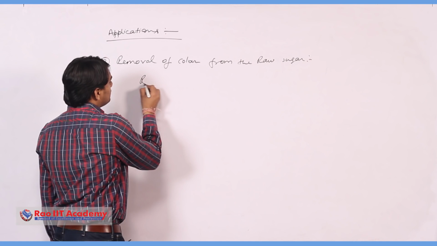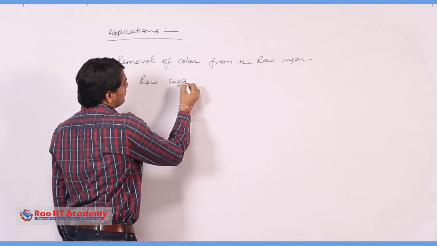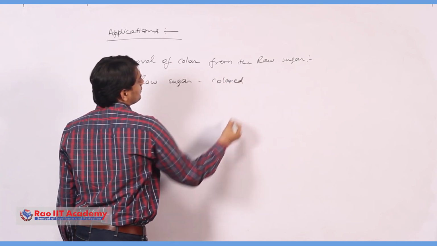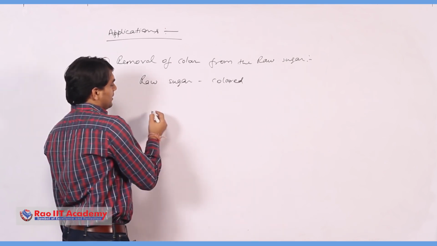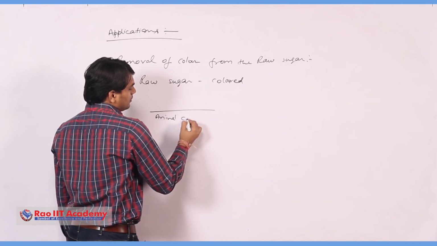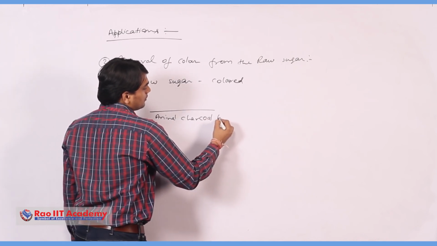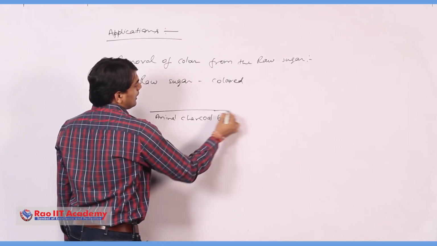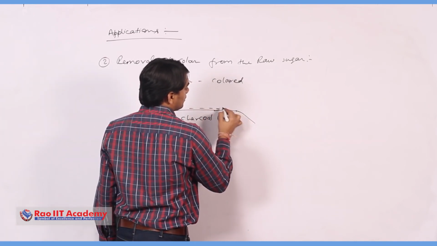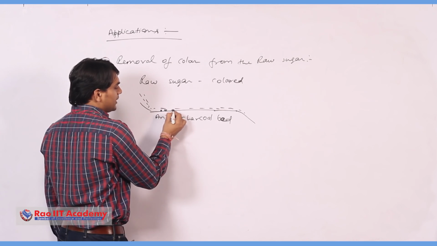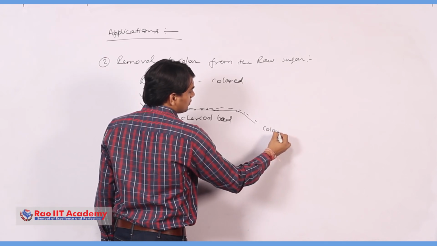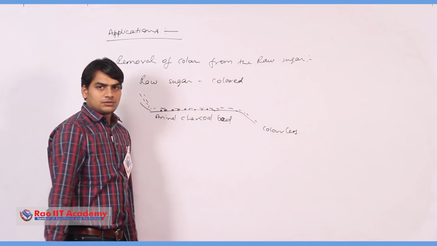So, raw sugar is a colored material, and we use an animal charcoal bed and pass that colored solution over this. So, the colored material will be adsorbed on the surface of this charcoal bed and the colorless sugar solution will be passed out.